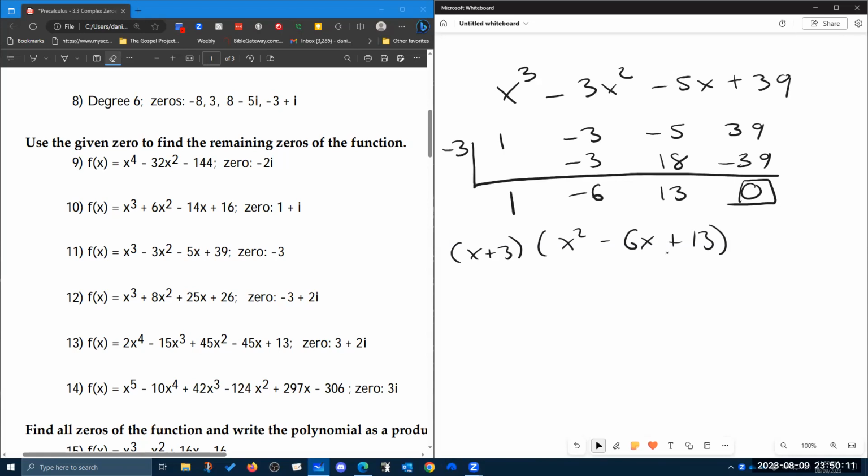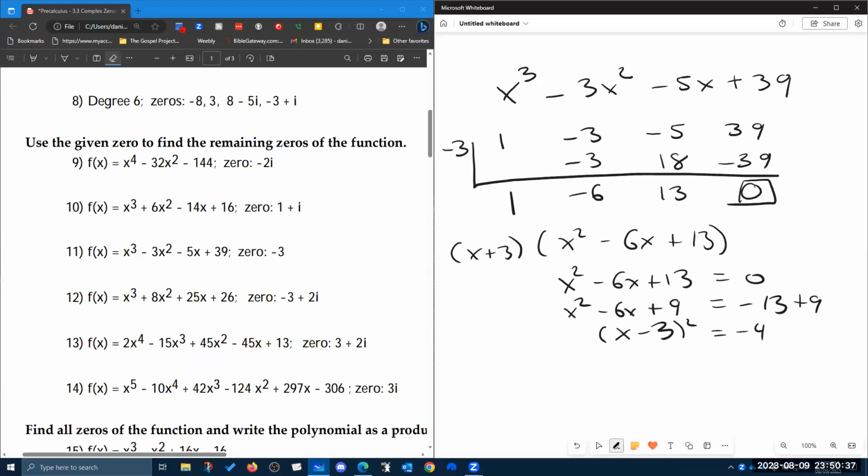I'm going to complete the square to find those answers. Half of a negative 6 is a negative 3. Negative 3 squared is a positive 9, so I'm going to add 9 to both sides. That makes my left-hand side x minus 3 quantity squared.